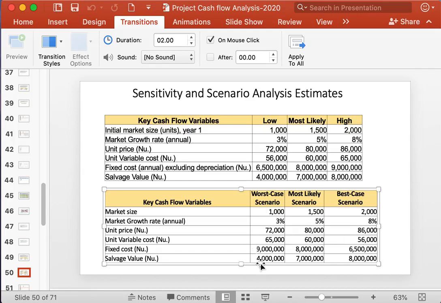So here we have changed the values of each key variable simultaneously. Instead of keeping all of them low, some key variables are kept low while others are increased.